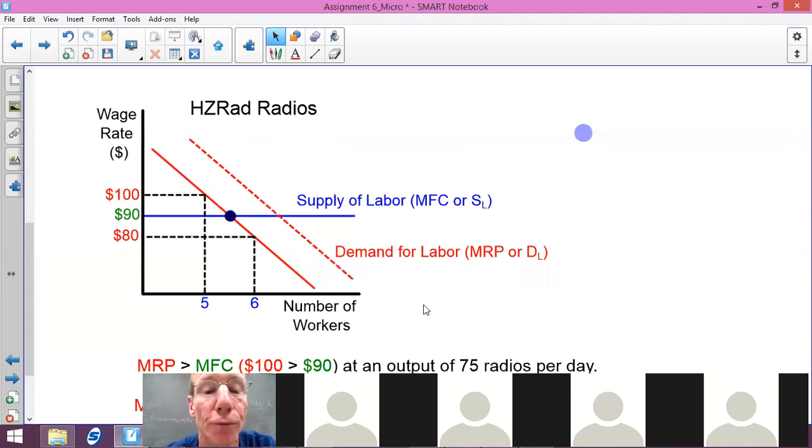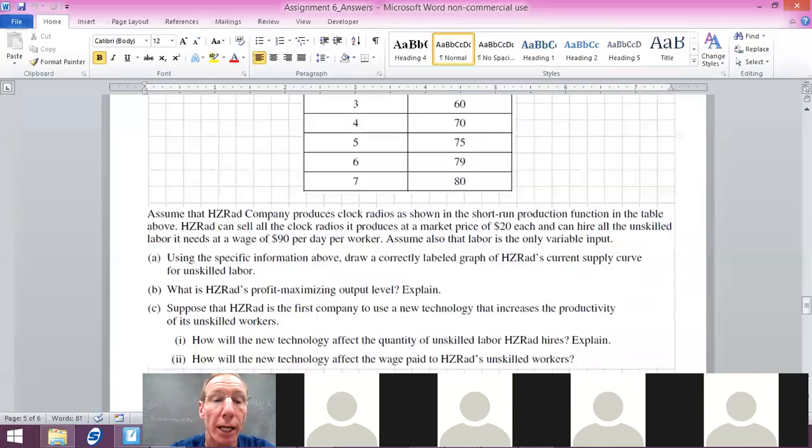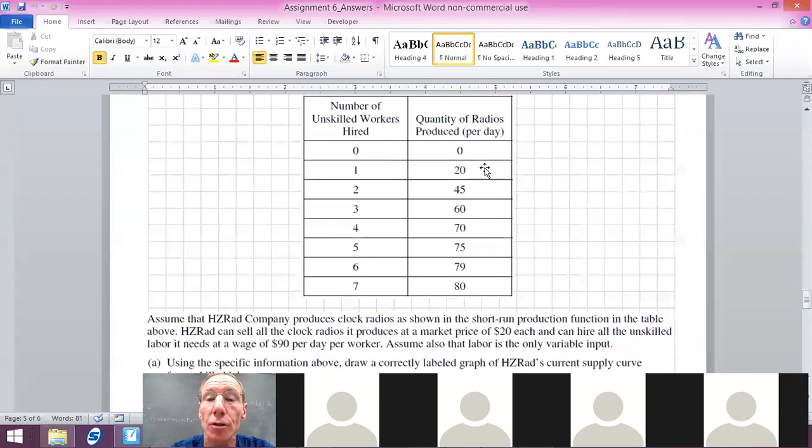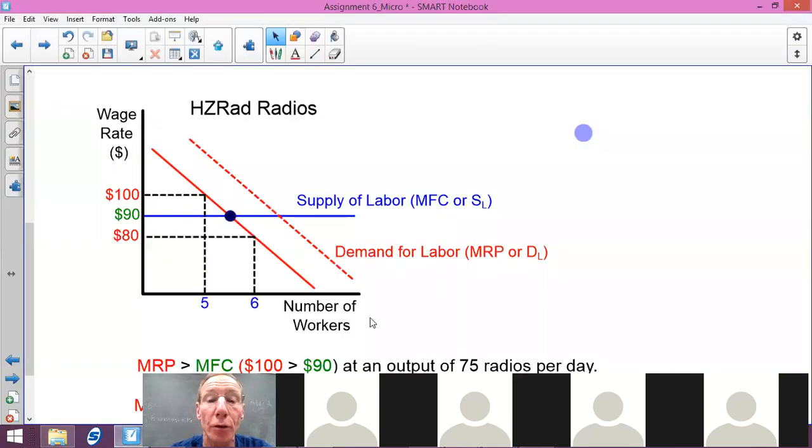But what they're asking you for in part one, when it's asking you to draw it, the only thing you have is, see, this isn't on the graph, right? The labor market graph doesn't have radios. Don't get confused. It just has the wage rate and the number of workers. This is the labor market.